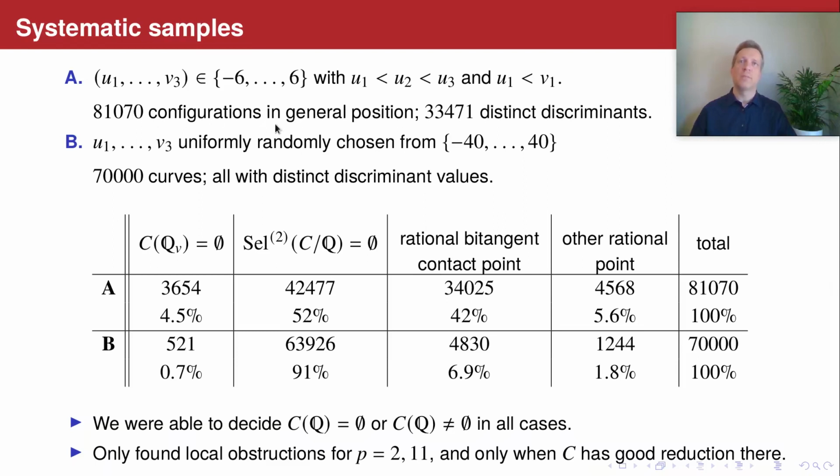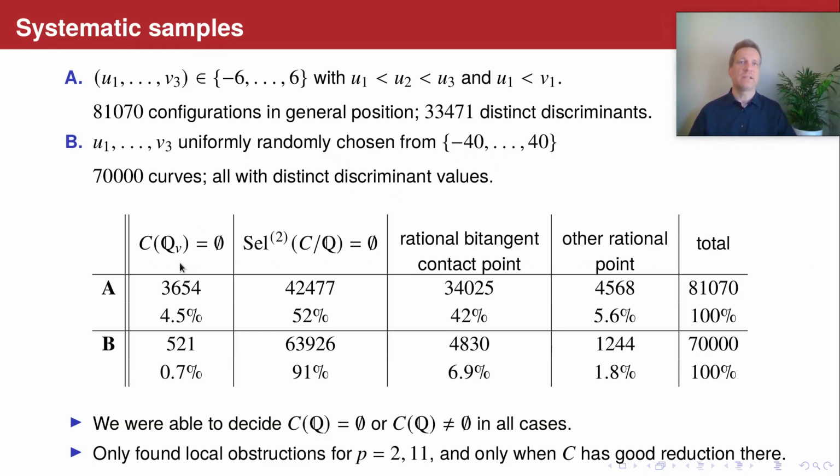There are probably some isomorphic examples between them, but we do find 33,000 distinct discriminant values, so we don't have too many multiple representatives of the same isomorphism classes there. We also generated our parameters by choosing them randomly from the interval -40 to 40. That gave us 70,000 curves, all with distinct discriminant values.